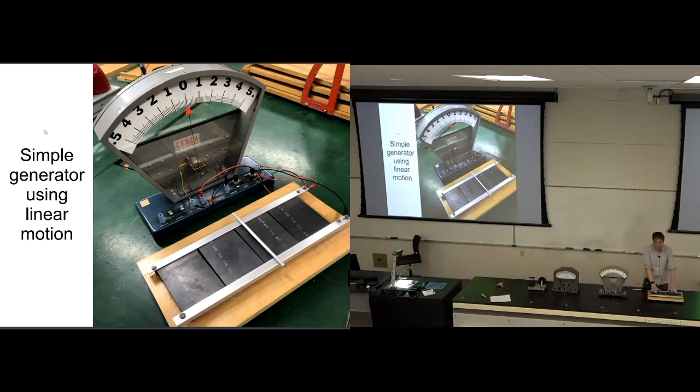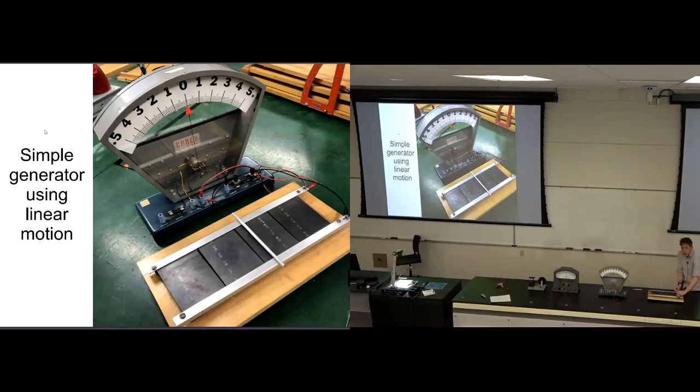But here's the rails and the magnets, and here's the rod. Here I'm completing the circuit with this meter here. So this is going to show us the induced EMF or induced current in the circuit. Right now the big needle is pointing to 0. There is no induced EMF in the circuit, no induced current in the circuit.